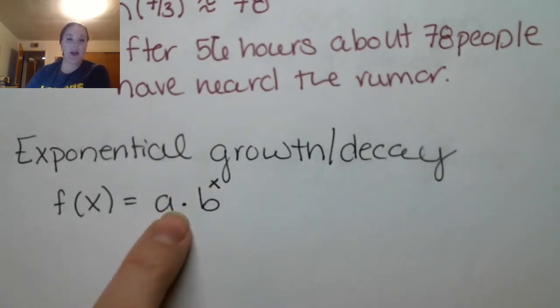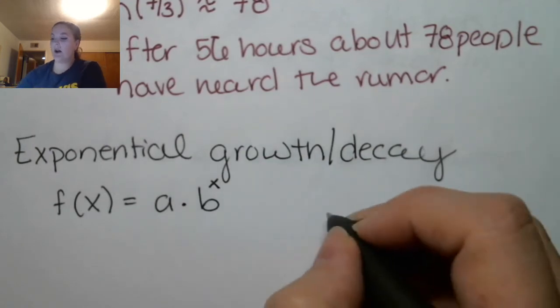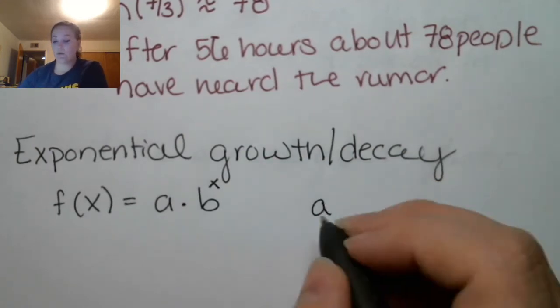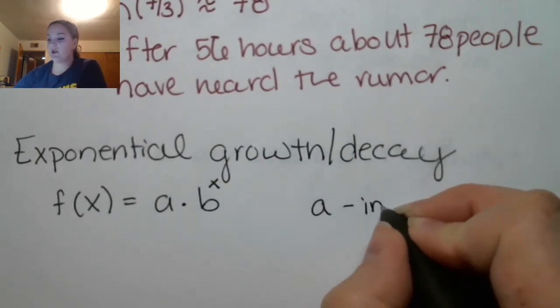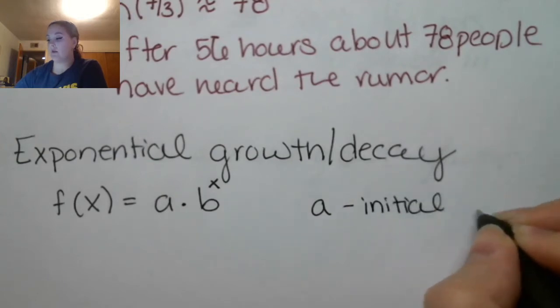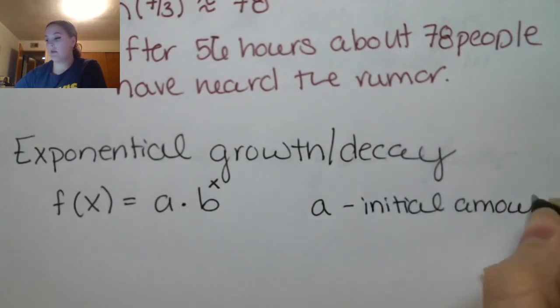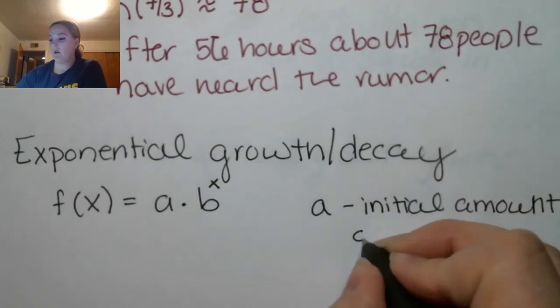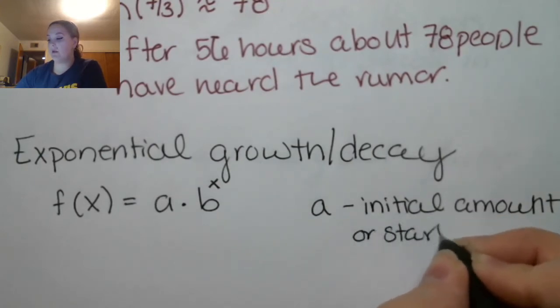This is going to be a times b to the t. Now a, just like we saw in the previous example, is going to be the initial amount, or the starting value.